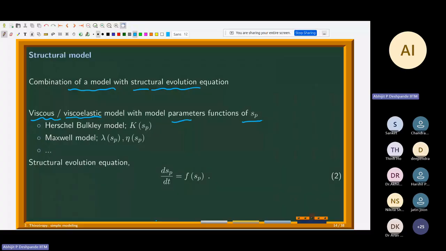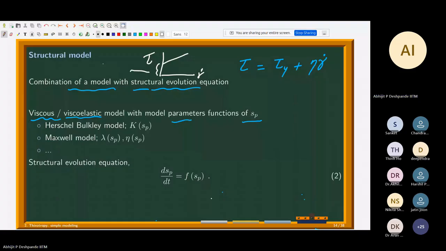For example, if we have a yield stress fluid, where stress is equal to yield stress plus viscosity times strain rate, this is a Bingham plastic material, and all of you would have learned about this kind of material where tau varies as a function of gamma dot, and this quantity is the yield stress.